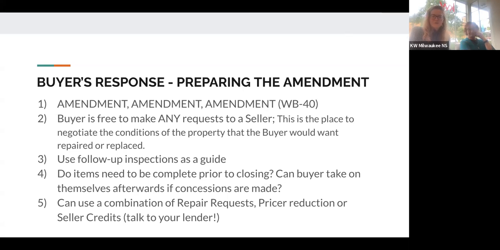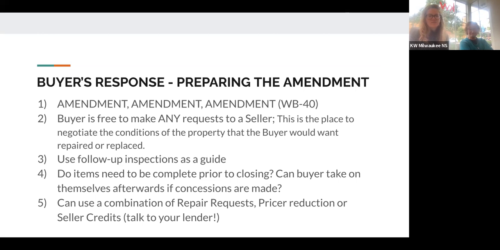A buyer can make a request on something they have learned about at any time during a transaction, in an amendment. It's just whether or not the seller is going to agree to it.